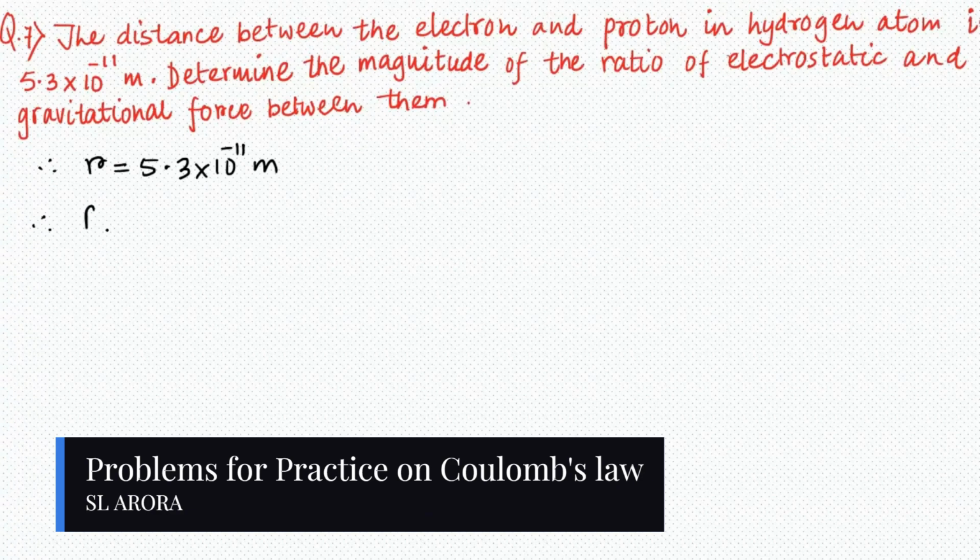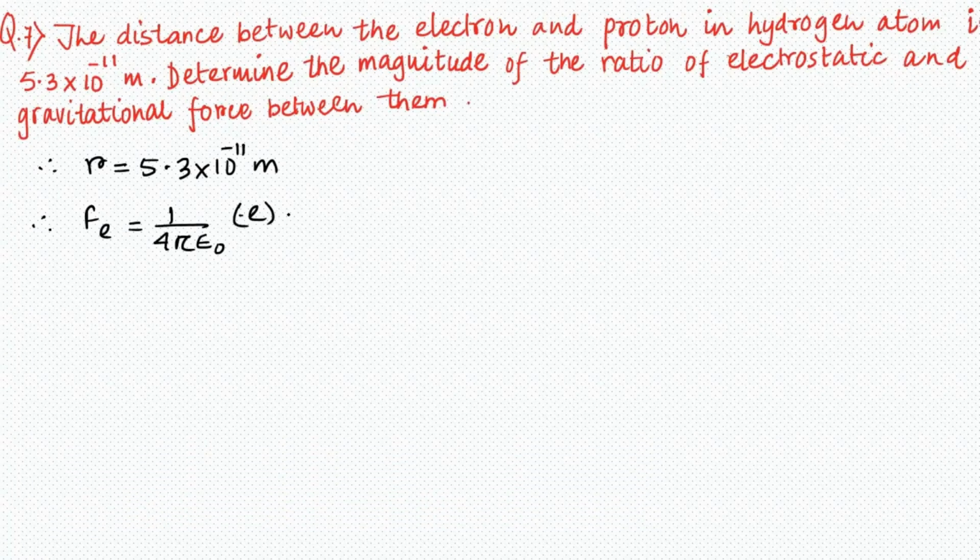Now the electrostatic force is equal to 1 upon 4 pi epsilon naught, charge of the electron, which is minus e, and charge of the proton, which is plus e, divided by r square. And the gravitational force Fg is equal to G, which is gravitational constant, into mass of the electron into mass of the proton divided by r square.